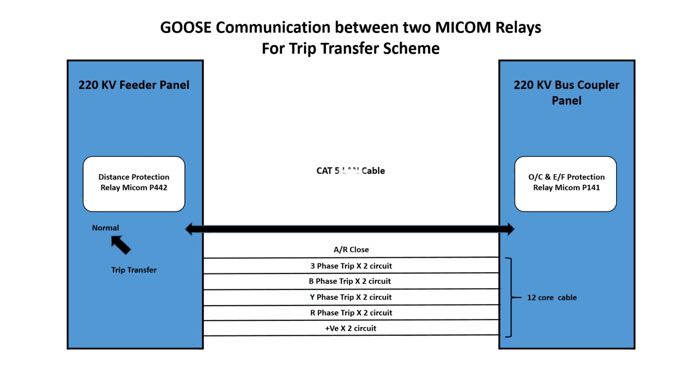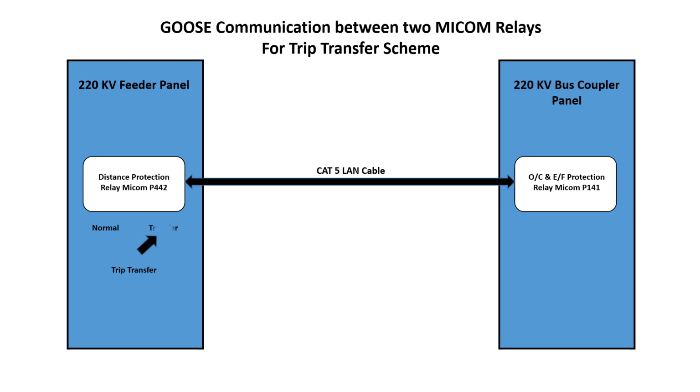But to remove this wiring and use GOOSE communication, we need only one Cat5 or Cat6 LAN cable, which will connect both the distance relay and the overcurrent earth fault relay, and we need to switch the trip transfer switch from the normal to the transfer mode.